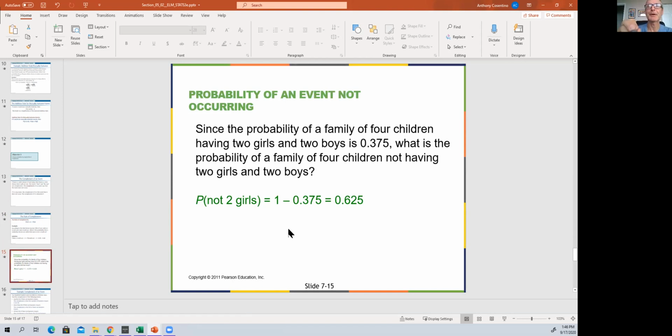It would be the probability of not having the 2 boys and the 2 girls, so that would be 1 minus that probability, which is 0.375. I haven't written 'and boys' here, because it implies that if you have 4 children and 2 of them are girls, then the other 2 are boys.